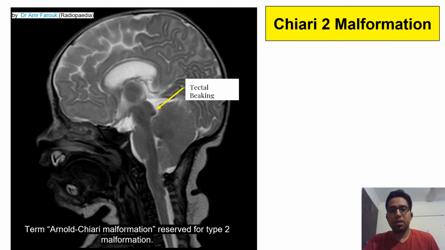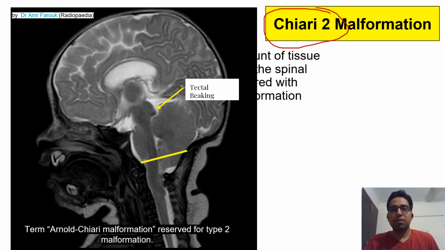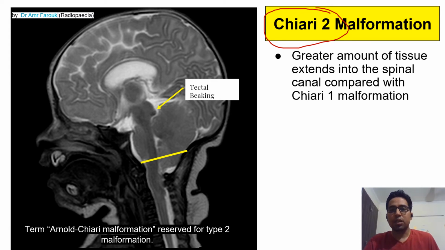So next we'll be discussing Chiari 2 malformation. In Chiari 2 malformation, you have a greater amount of tissue that extends into the spinal canal compared to the Chiari 1 malformation. You can see that quite a large chunk of the inferior part of the cerebellum is getting displaced below, and the brainstem is also getting displaced below.